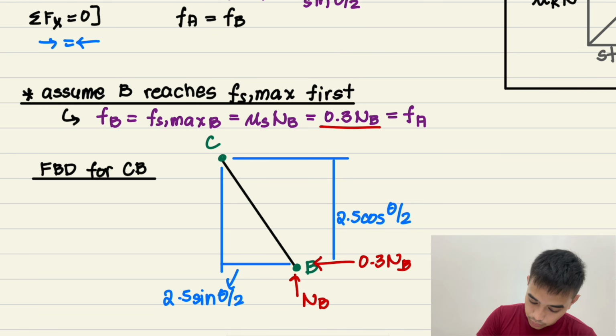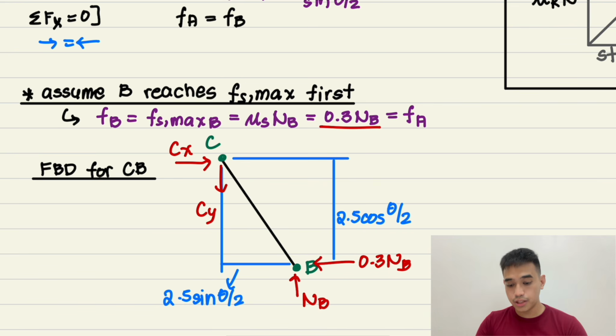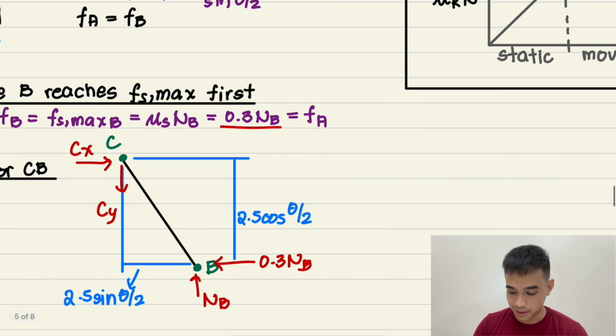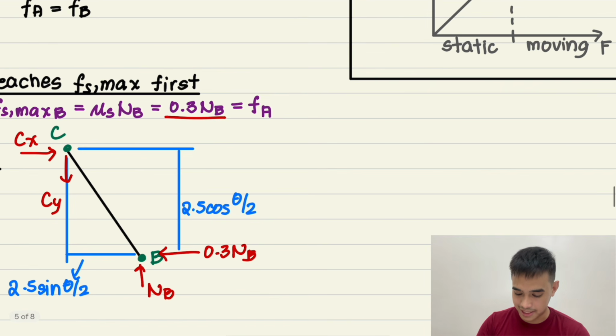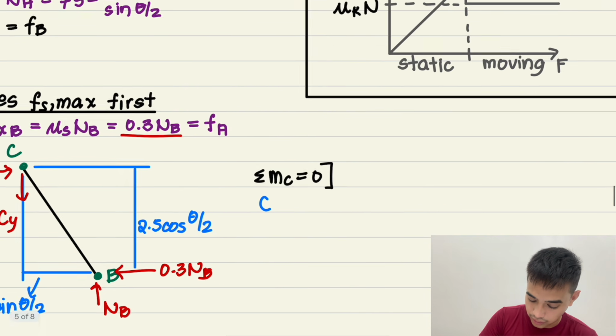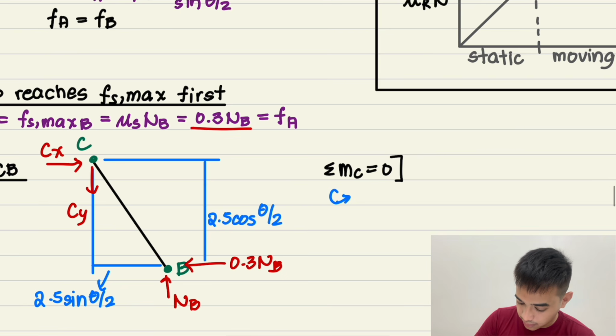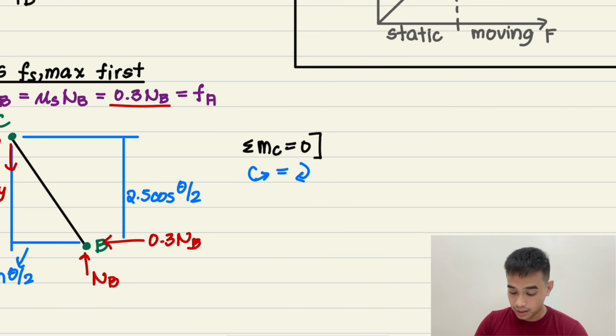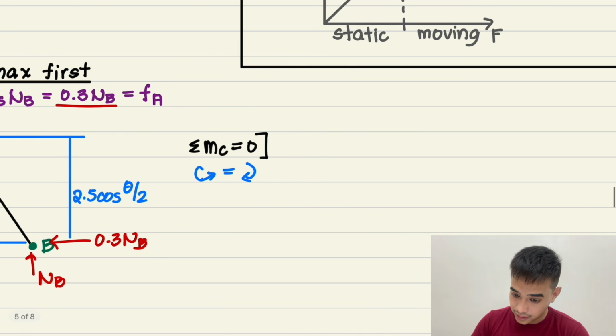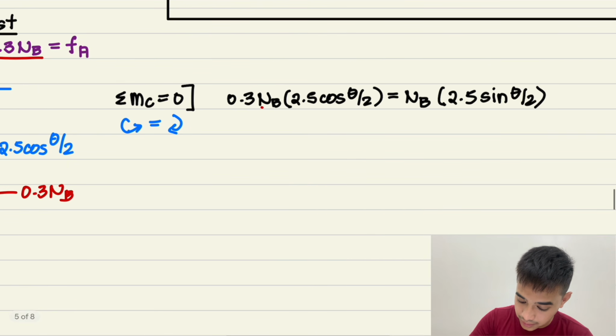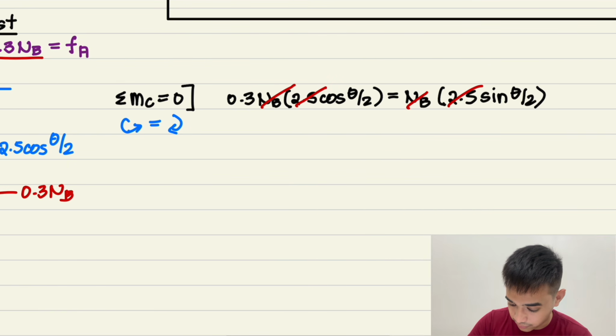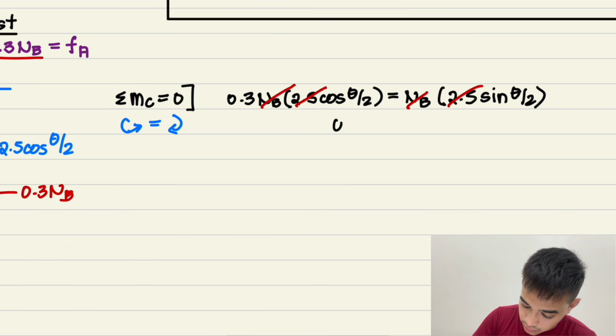And although we won't be able to use them or solve for them, I'll just show to you the forces at C. The reason why we won't be needing those is because I'll take summation of moment at C. Okay, so again, I'll equate forces acting at the counterclockwise with clockwise motion. And writing that, with that we can simplify. We can cancel NB and 2.5 here.